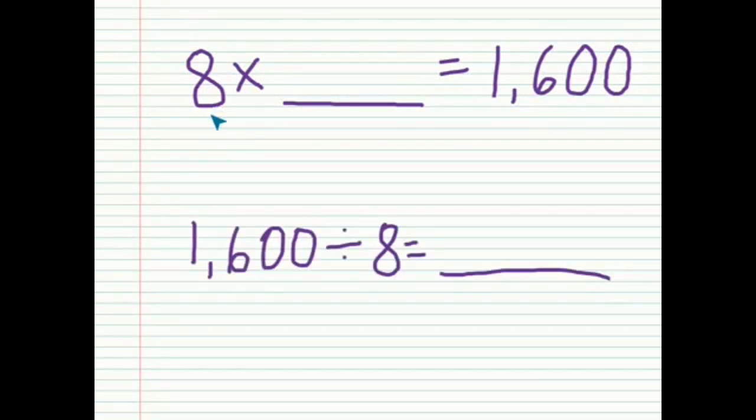But I know that 8 times 2 equals 16. So start there. And then these are the zeros that I need to add. So 8 times 200 equals 1,600. And then just fill in the rest of your fact family for this extended multiplication fact. Like this, if you need a little bit of help. 2 multiplication and 2 division facts.